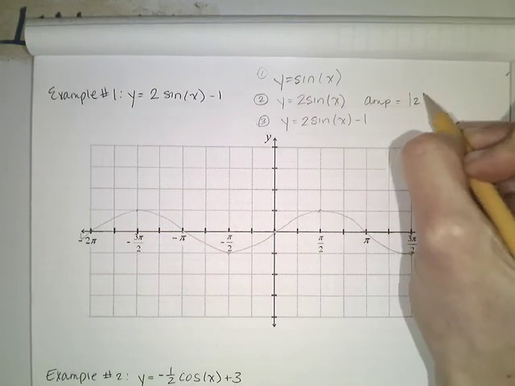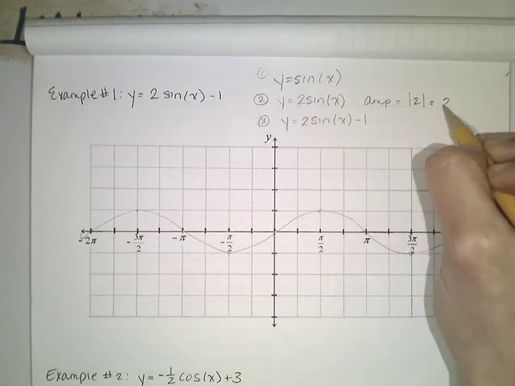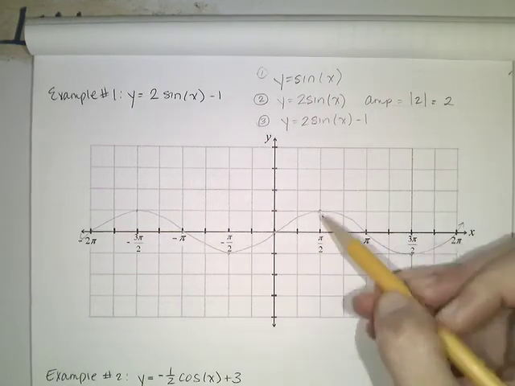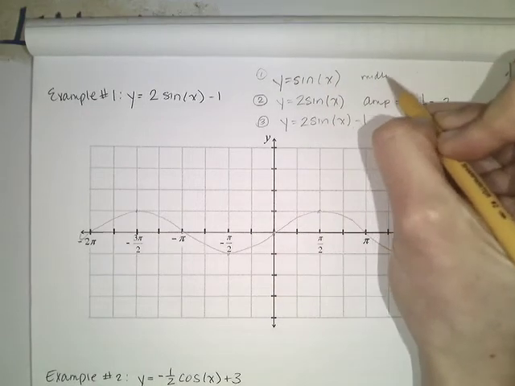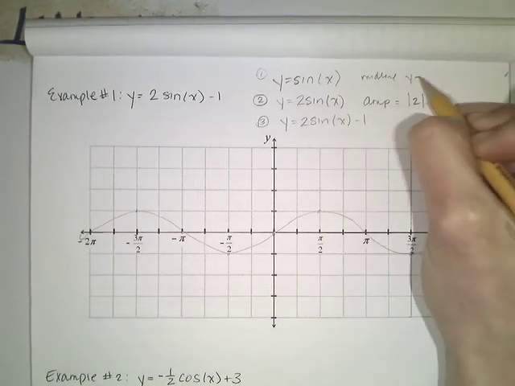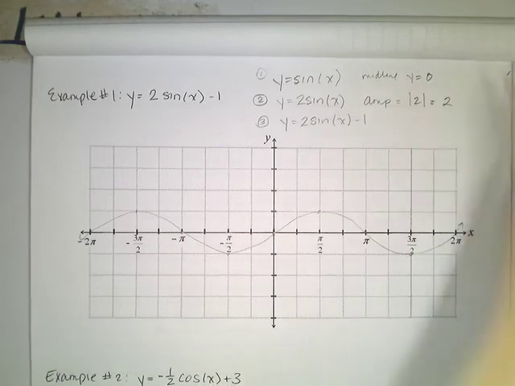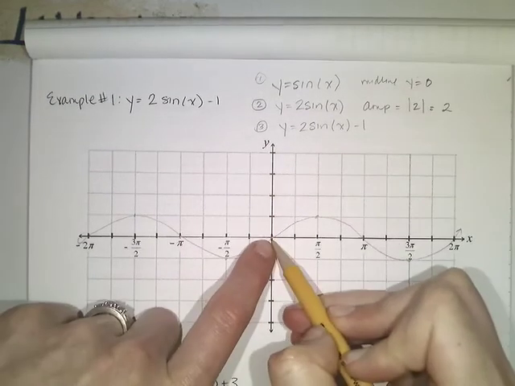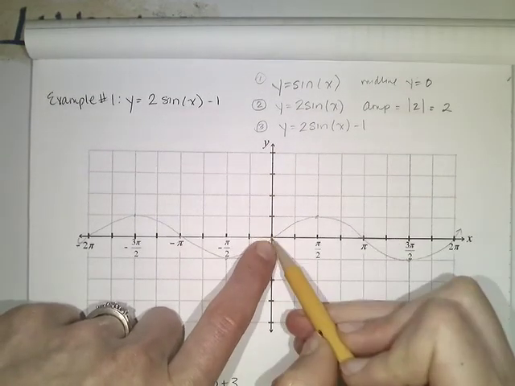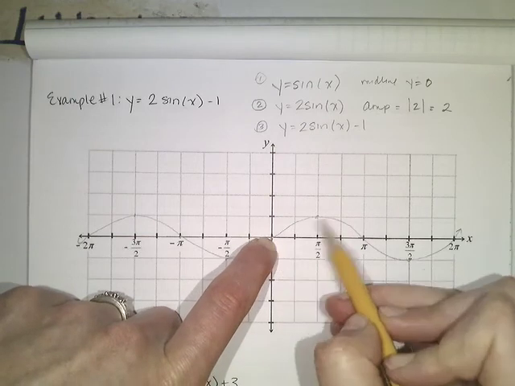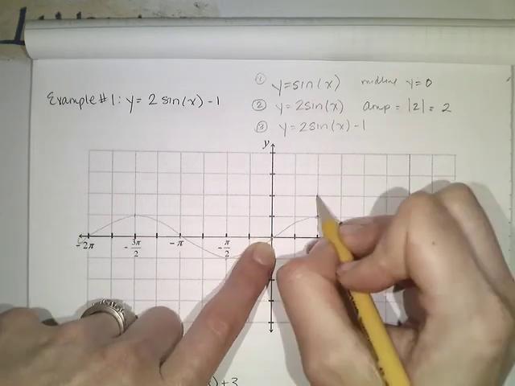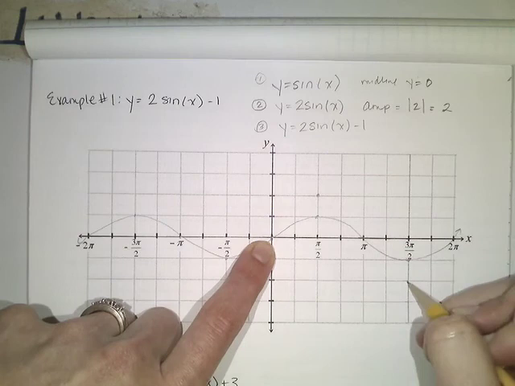It's the absolute value of 2 here. Well, the midline of sine x is y equals 0 at this point, right? So if I apply the amplitude, then 0 times 2 is 0, 1 times 2 is 2, and so on.